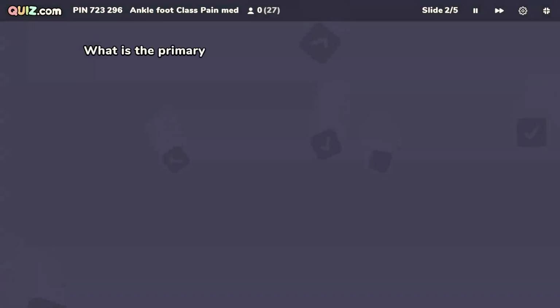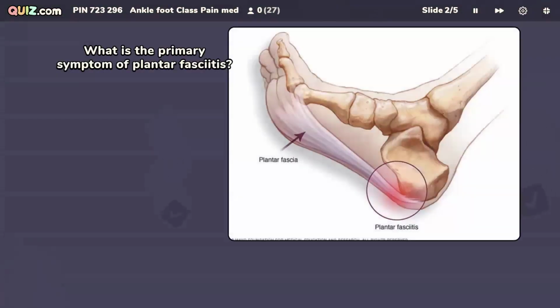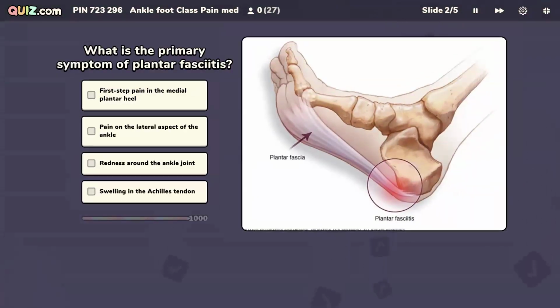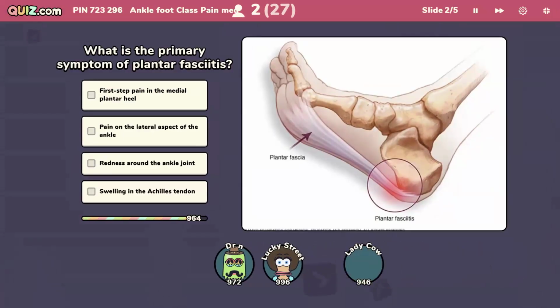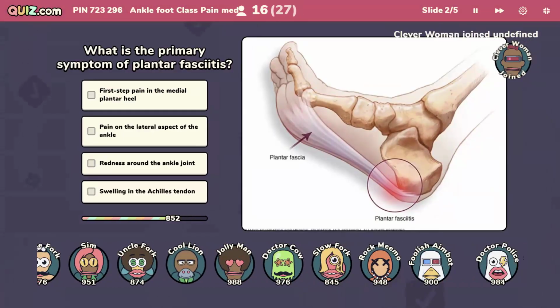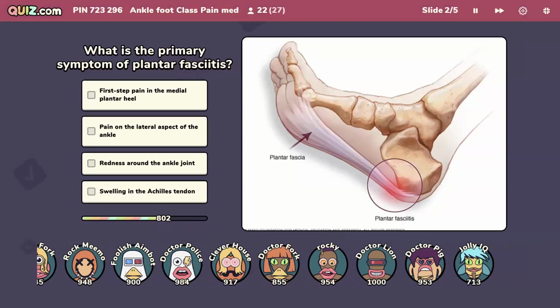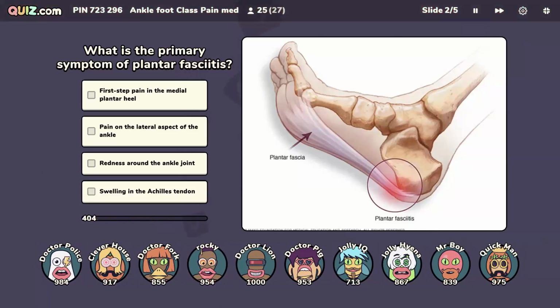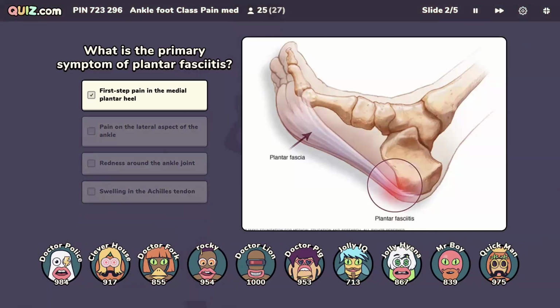What is the primary symptom of plantar fasciitis?